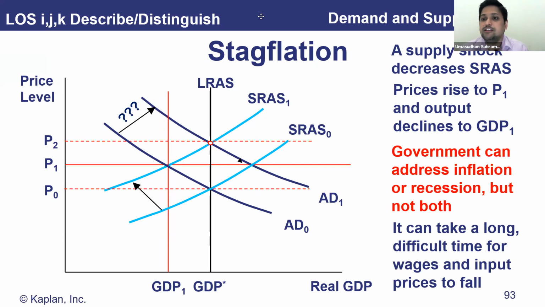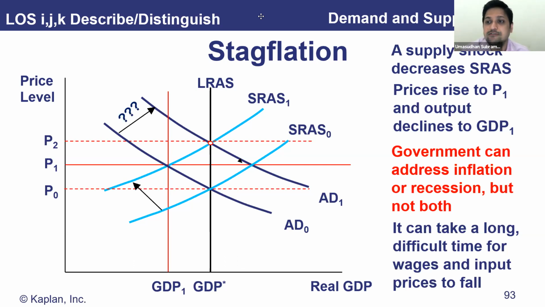Remember, stagflation is caused by a supply shock. Because of the supply shock, there is a massive disruption on the supply side, and that is why your production dropped immediately, prices went up, inflation.